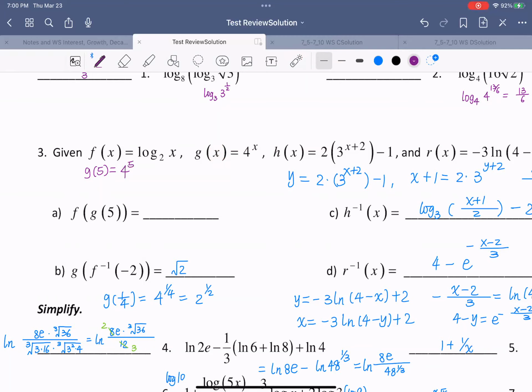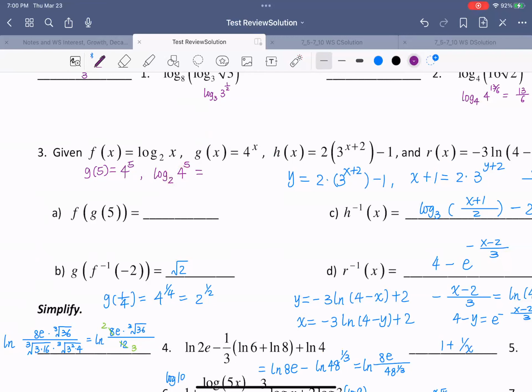So this is 4 to the power of 5, right? Yes. Okay. G of 5, 4 to the power of 5, is 1024. You don't need to do that because you have the next step, right? Don't spend your time figuring out how big this number is. Based on this base, you want to change this.